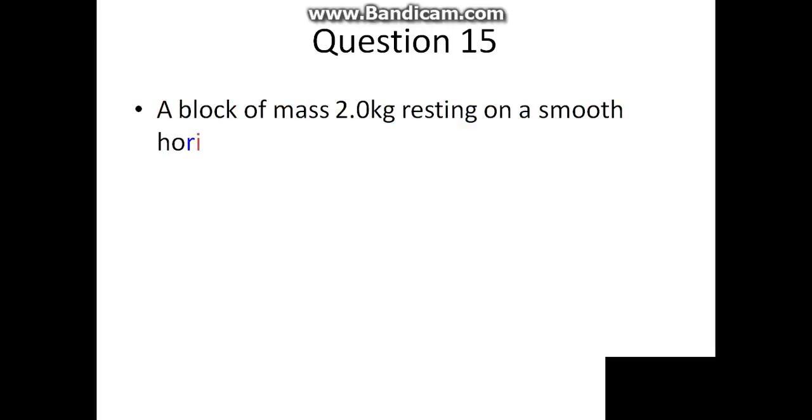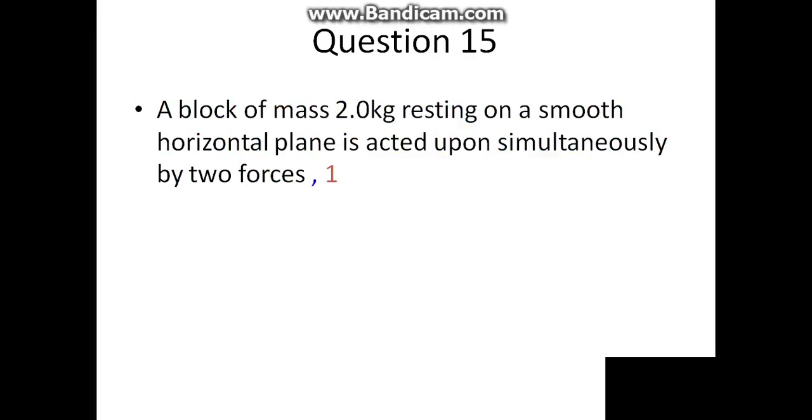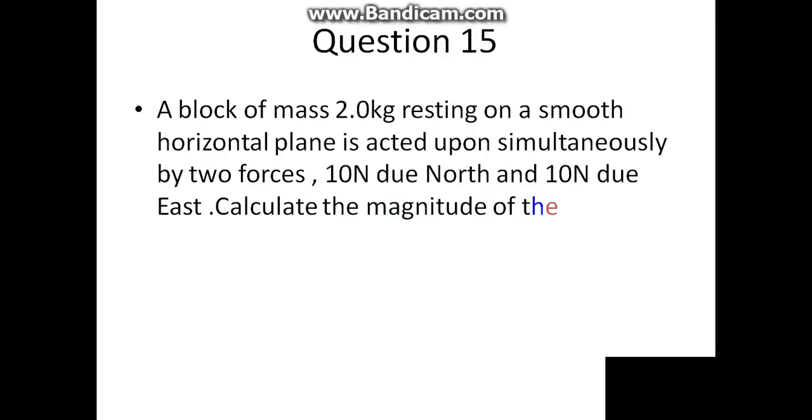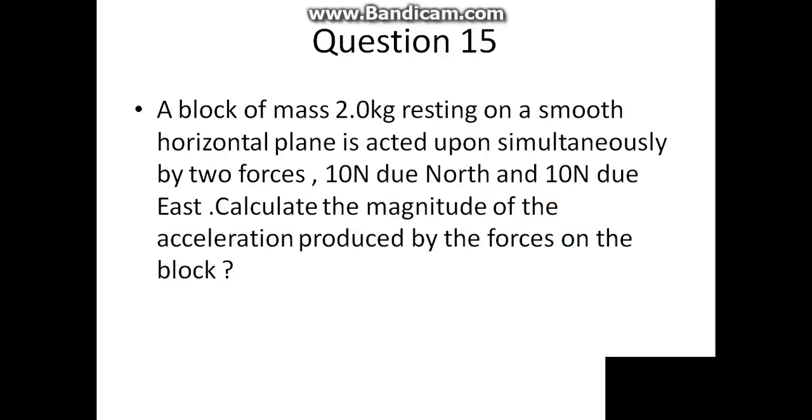Question 5. A block of mass 2 kg resting on a smooth horizontal plane is acted upon simultaneously by two forces, 10 Newton due north and 10 Newton due east. Calculate the magnitude of acceleration produced by the forces on the block. Solution.